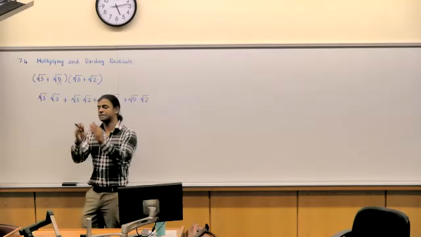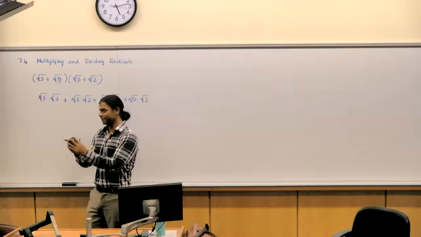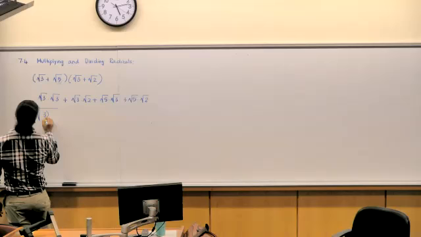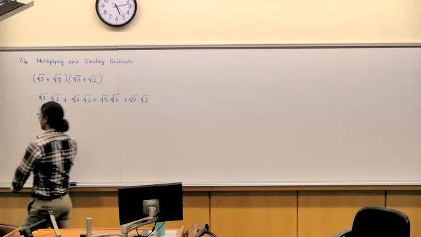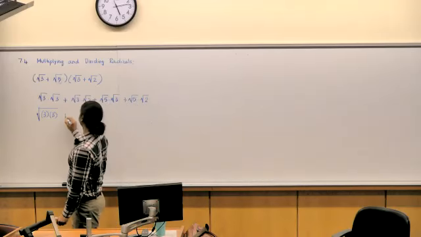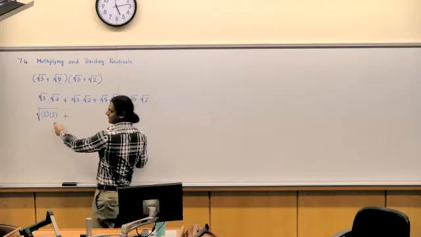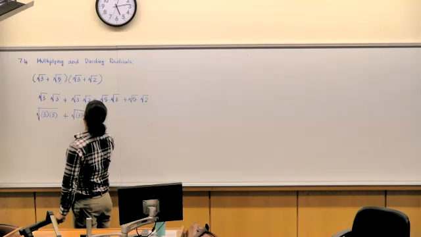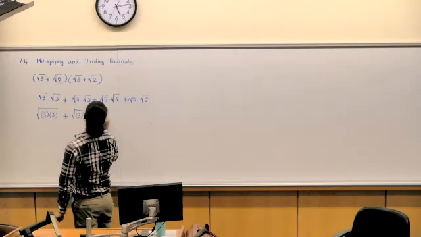Just like you can split radicals, you can put them together. Again, this is a trivial problem, but I'm doing this so that you understand it when we deal with variables. 3 times 3. Square root of 3 times 2.